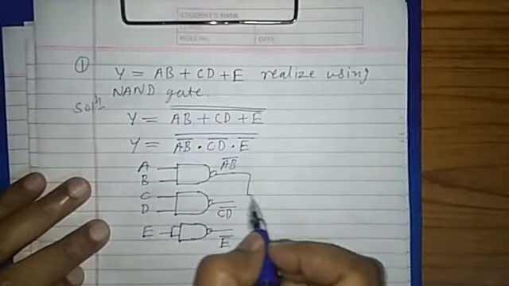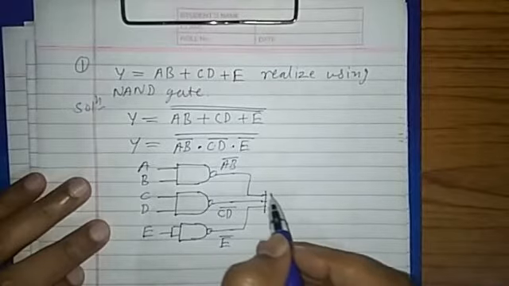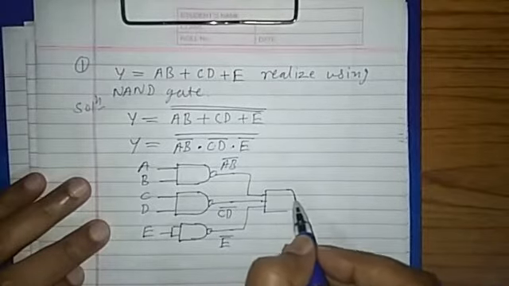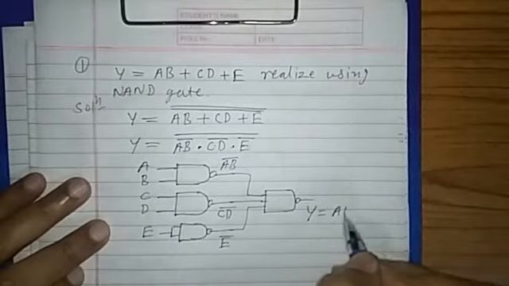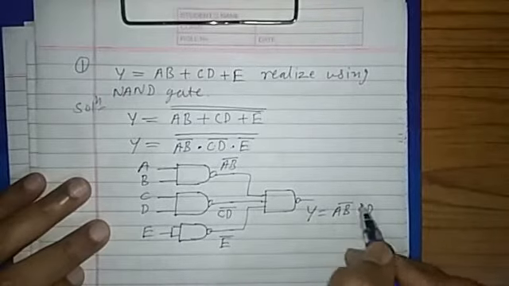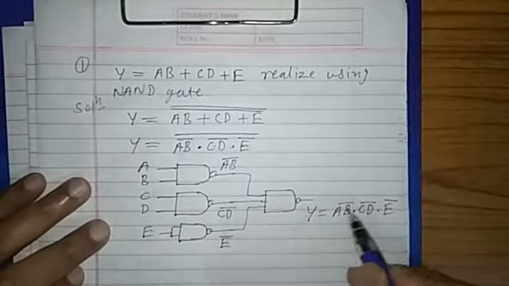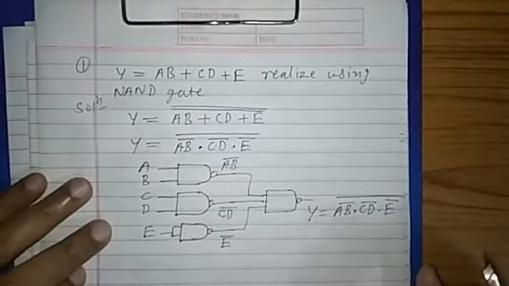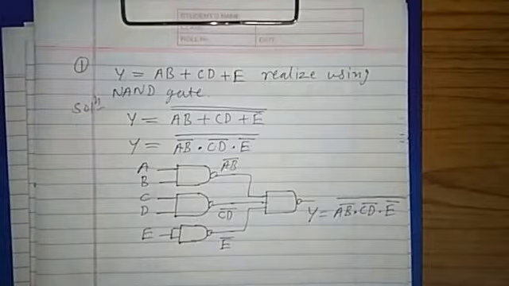Now all three are connected to the 3 input NAND gate. This is Y equal to AB bar, CD bar, and E bar, and above one complement. This is how it is implemented using NAND gates.